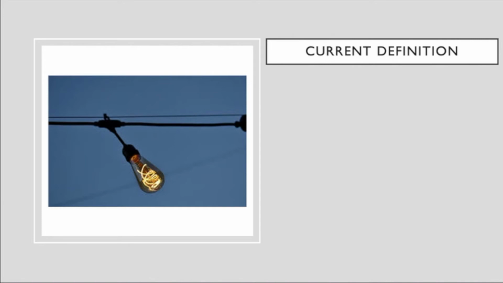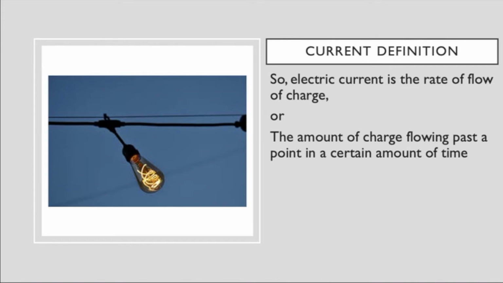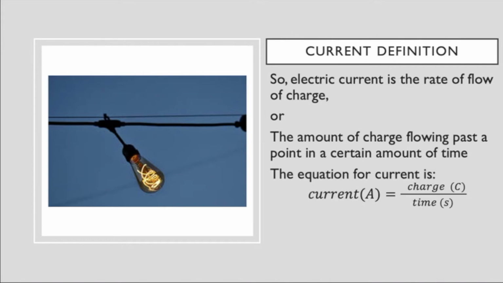So how do we define electric current then? Electric current is the rate of flow of charge, or the amount of charge flowing past a point in a certain amount of time. The equation for current then is current in amps equals the charge in coulombs divided by the time in seconds. We can put that in symbols.